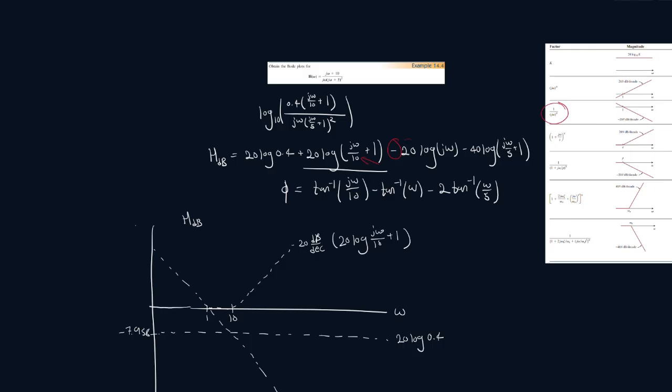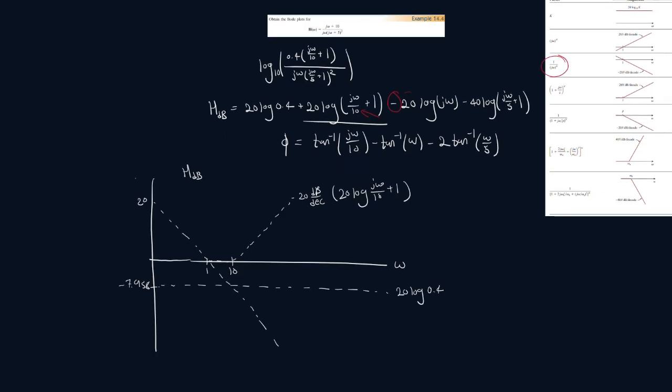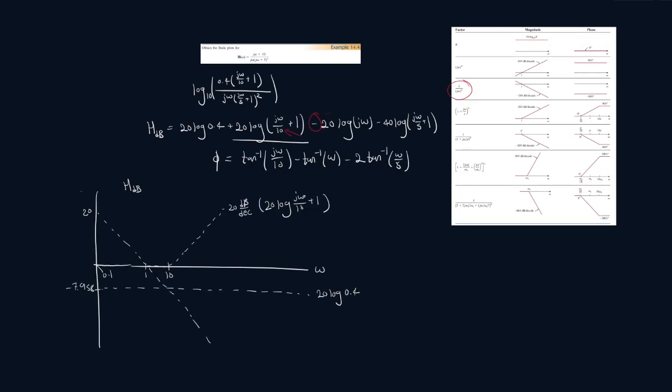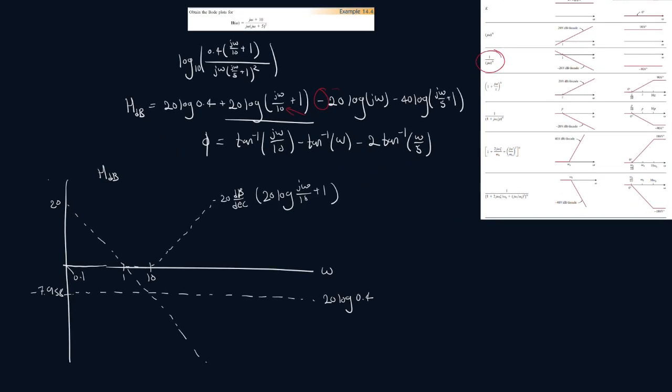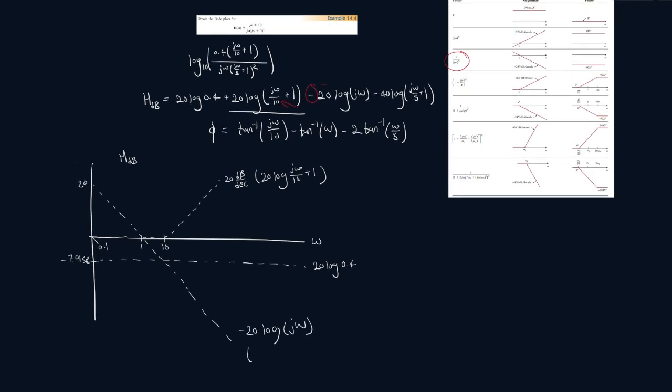There we go. This will be 20. That looks good. This is still not to scale, but whatever. And remember, we start at 0.1 because log of 0 is undefined, so we start at the point after 0. So for now, we're going to take 0.1. And then this is just minus 20 log jω, and it has a slope of minus 20 decibels per decade.